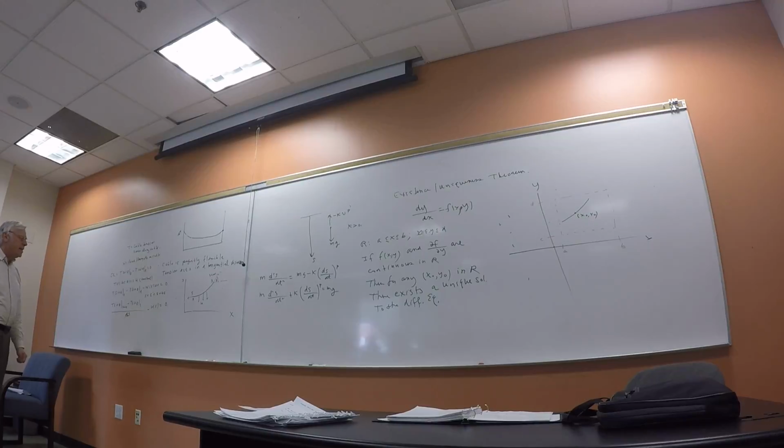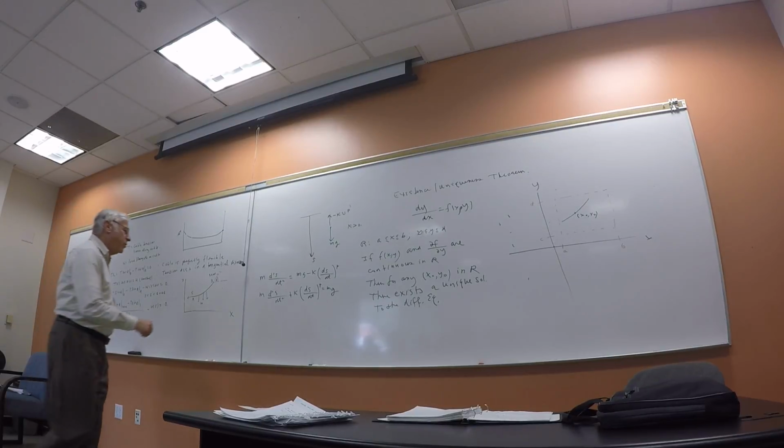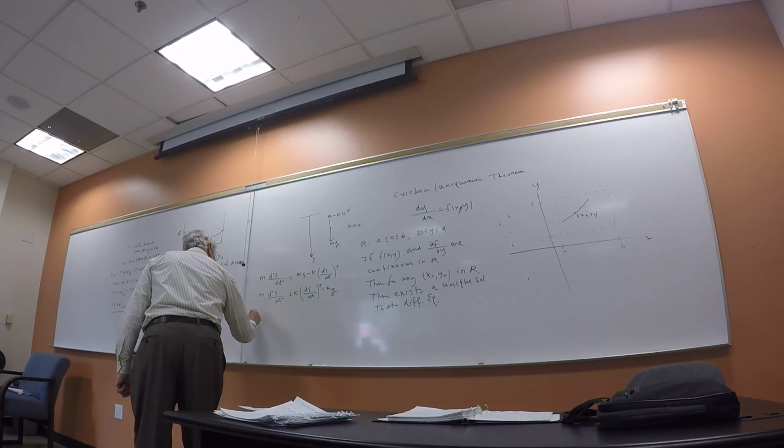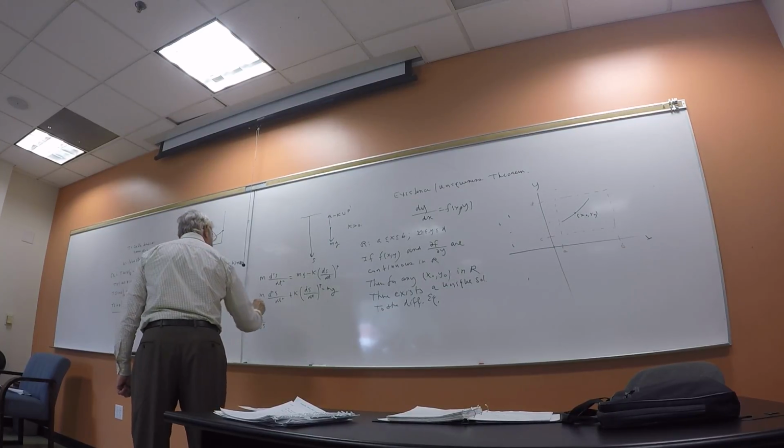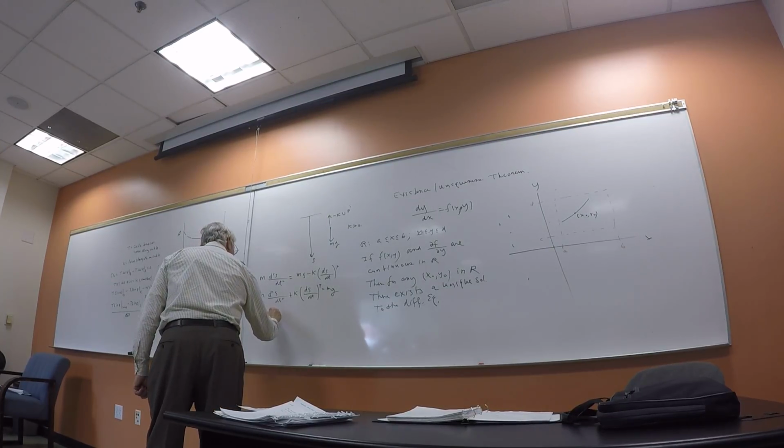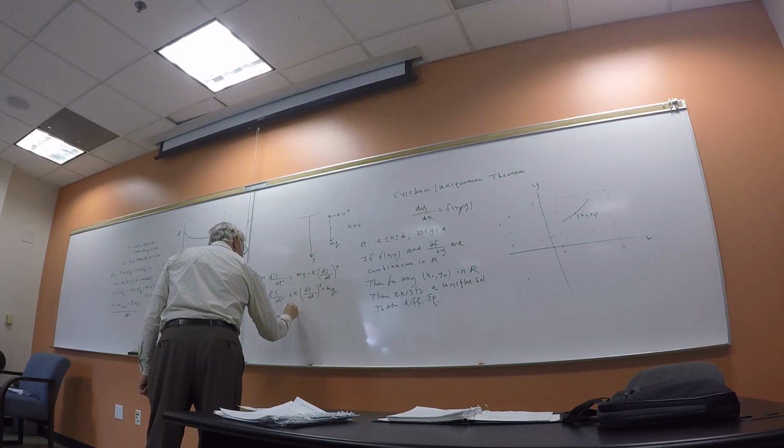Now I'm going to take a limit as delta S goes to 0. And all you have to remember is the definition of derivative in calculus. If I have a function of S, the derivative df/dS is the limit as delta S goes to 0 of f of S plus delta S minus f of S, divided by delta S. Hopefully you remember that.